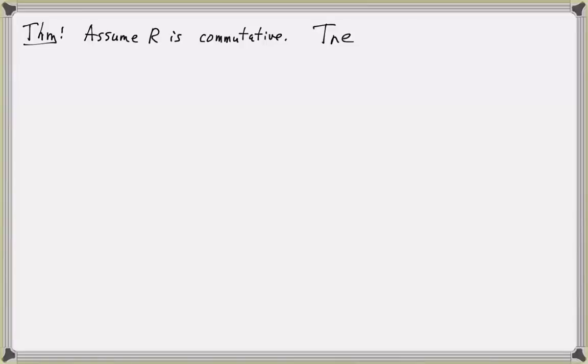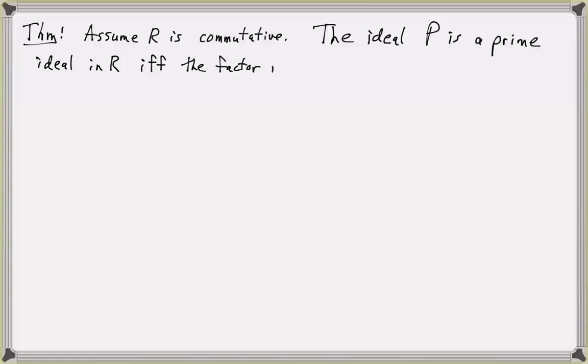The ideal P is a prime ideal in the ring R if and only if the factor ring R mod P is an integral domain.